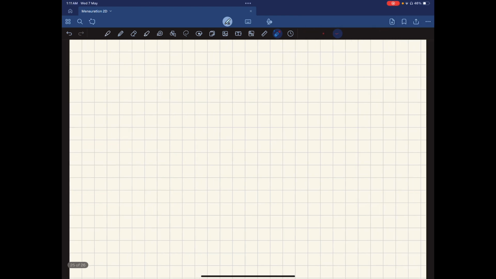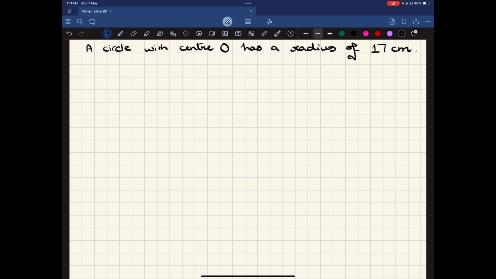Okay, let's do one example to put this knowledge to practical use. So a circle with center O has a radius of 17 centimeters.